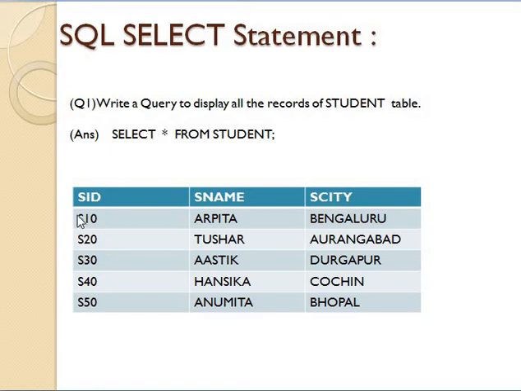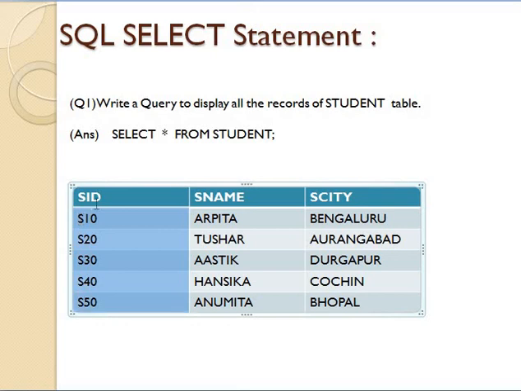That is, it's going to retrieve the values S10, S20, S30, S40 and S50 for the column called SID. Then the values Arpita, Tushar, Astik, Hansika and Anumita for the column SName, and the values Bangalore, Aurangabad, Durgapur, Cochin and Bhopal for the column SCity.